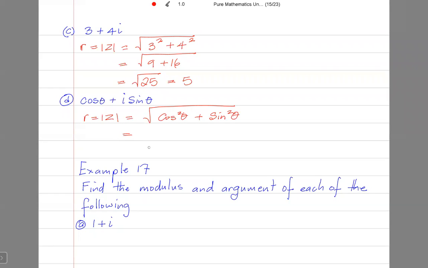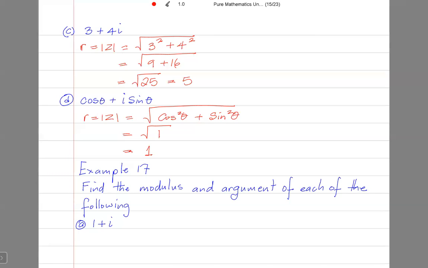Everybody should know by now that sine squared theta plus cos squared theta is 1, and the square root of 1 is 1. All right, any issues there? No, sir, just taking notes. All right, everybody should remember from unit 1, sine squared theta plus cos squared theta is equal to 1.